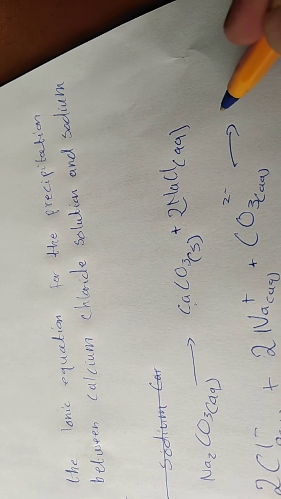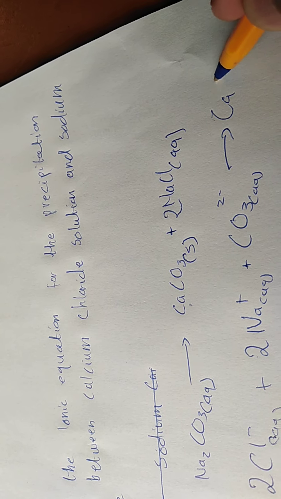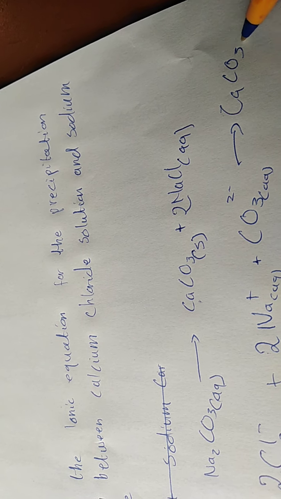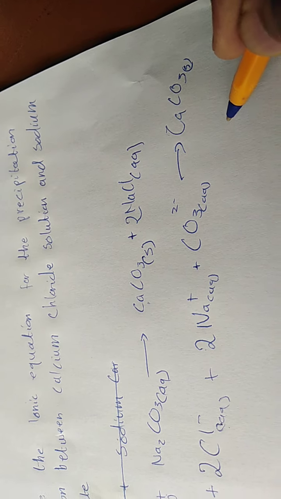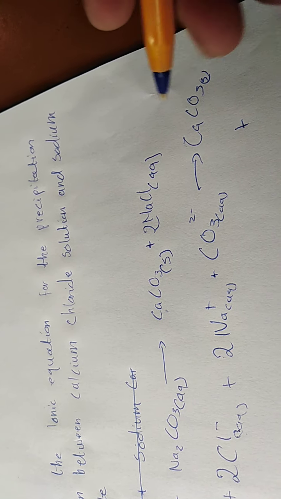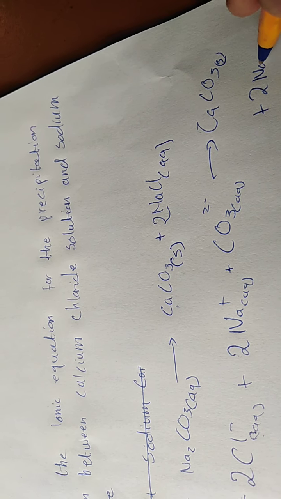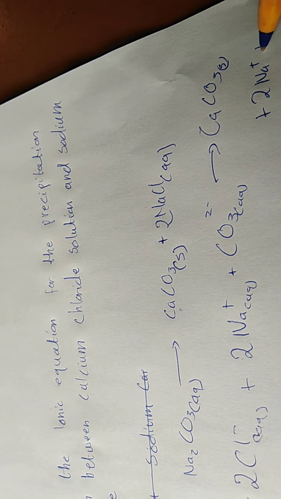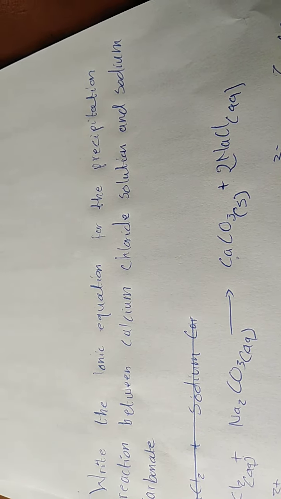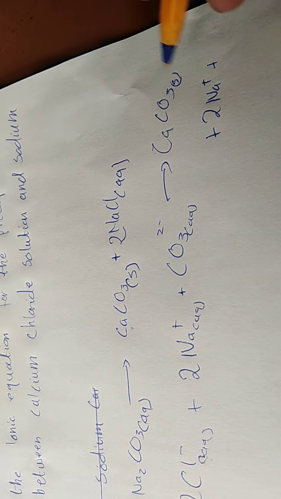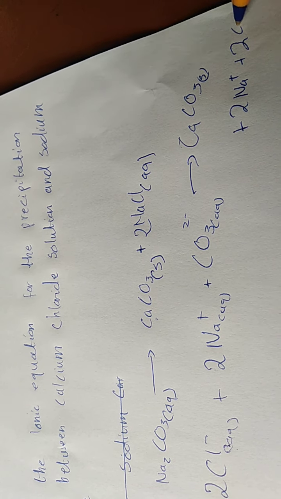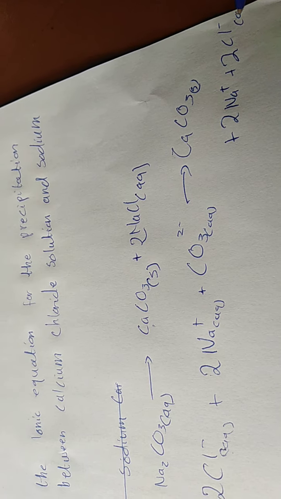That means we are not going to dissociate it, we are just going to write it as it is. Calcium carbonate is a solid, which gave us 2 sodium plus, because this 2 means that we have 2 sodiums and 2 chlorides, aqueous.